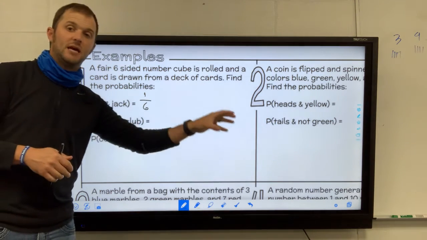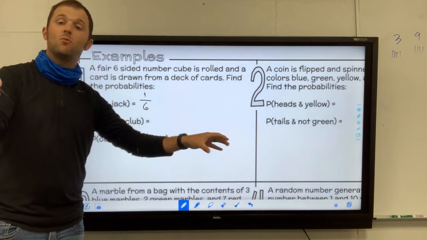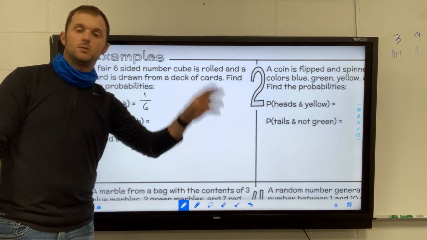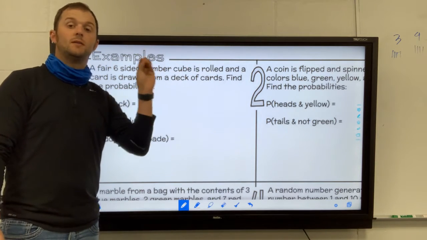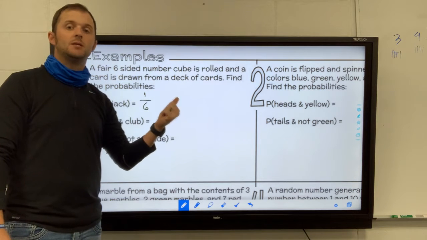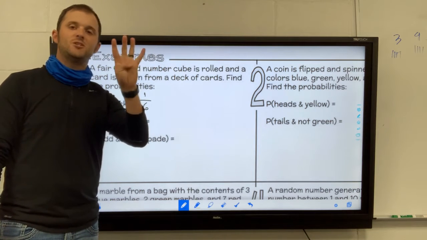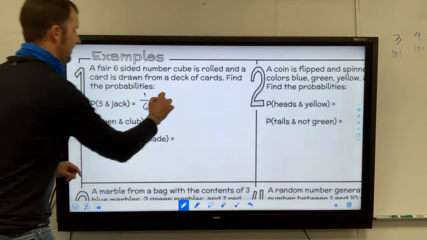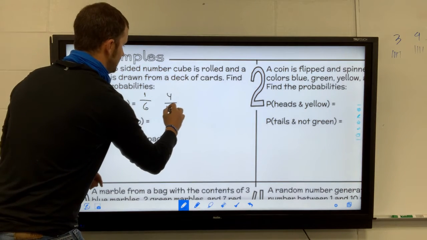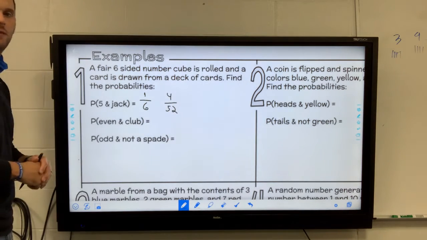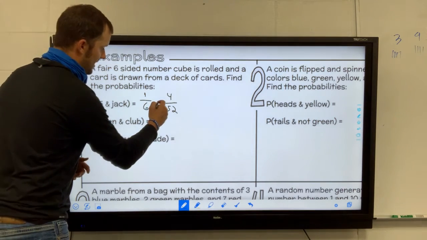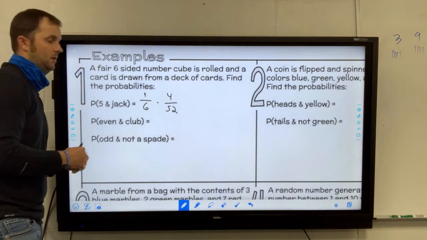Now, if I have a deck of cards sitting to the side, me rolling that die is not gonna affect anything to do with the cards. So when I pull out my card, that's gonna be a separate probability. So we gotta think, there are 4 different jacks in one deck of cards, right? So that means there's gonna be a 4 out of 52 chance that I'm gonna end up drawing that. So now, just like it said up top, all I have to do is multiply these two straight across, okay?